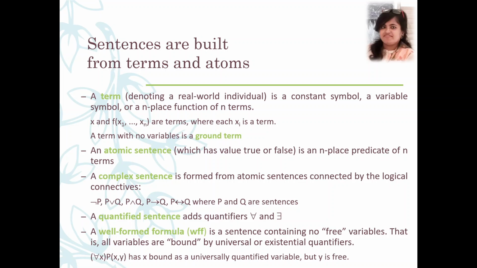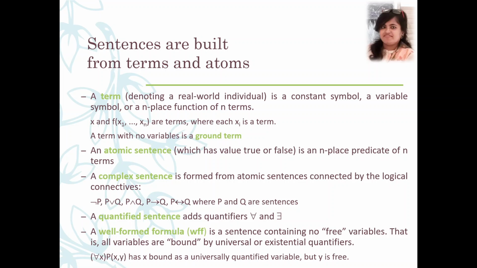An atomic sentence, which has value true or false, is an n-place predicate of n terms. A complex sentence is formed from atomic sentences connected by the logical connectives: not P, P and Q, P or Q, P implies Q, and P if and only if Q, where P and Q are sentences.